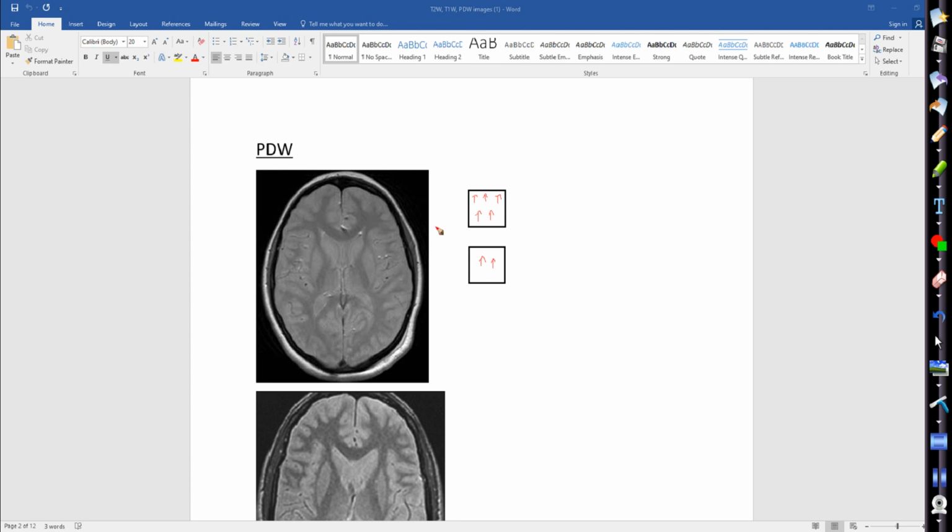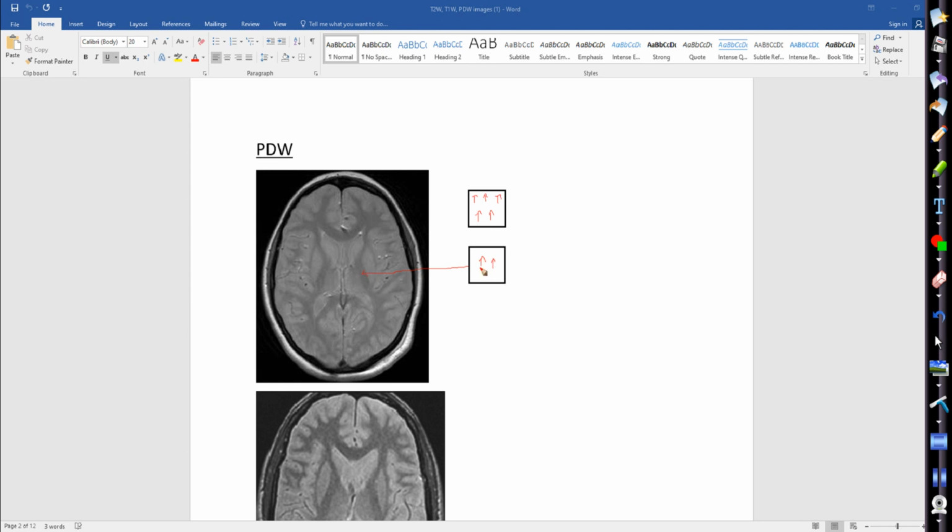And if you could point to white or gray matter, which box would be associated with white and which one would be associated with gray? What do you think? More would be gray matter and less would be white matter. Good. So you're basically saying we're going to point here to the white matter.